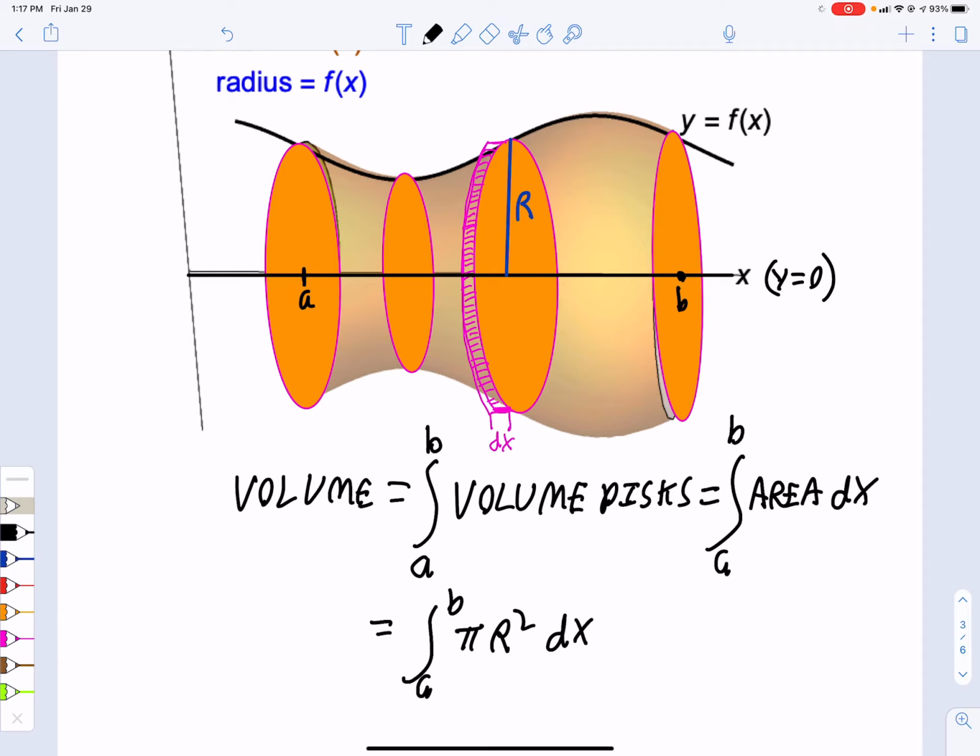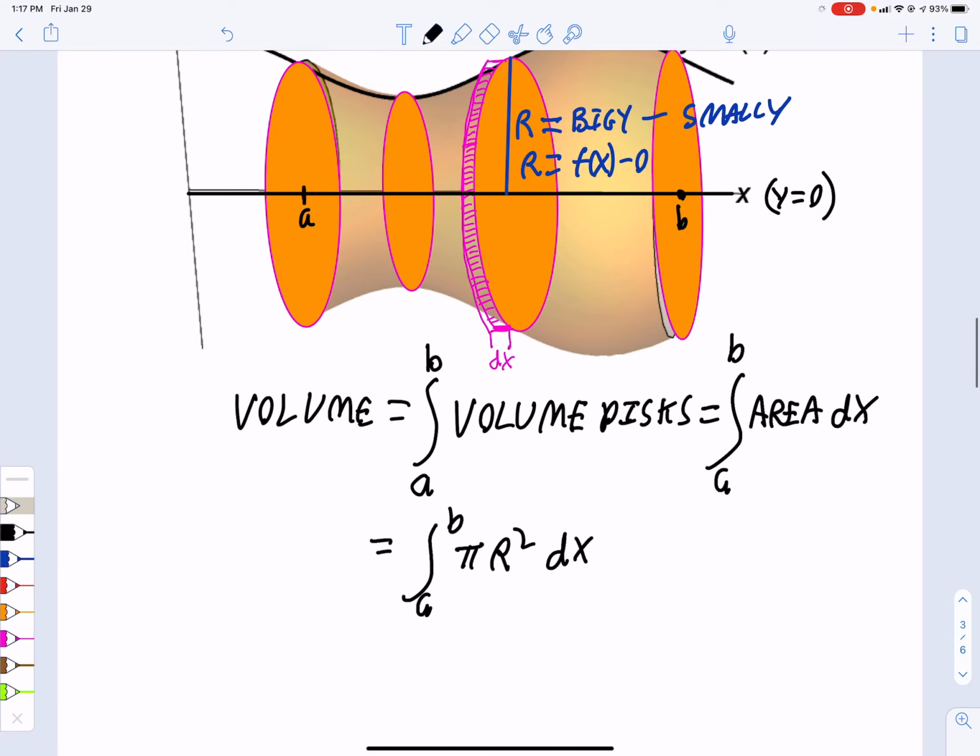So the last step I have is figuring out r, and just like the last one, that's going to be the big Y minus the small y. The big Y is the black line, f of x, and the small y is the x-axis, 0. So that will be f of x minus 0.